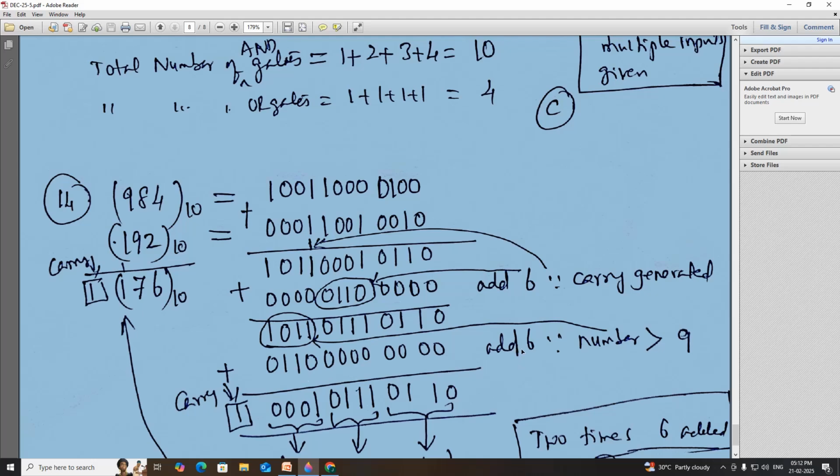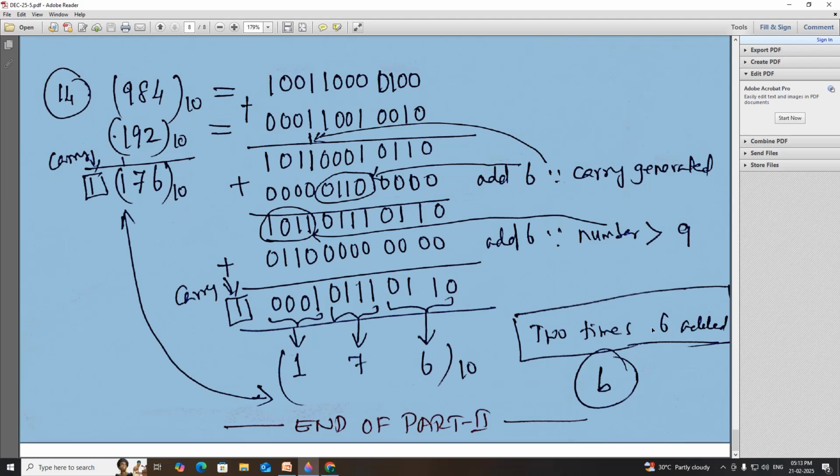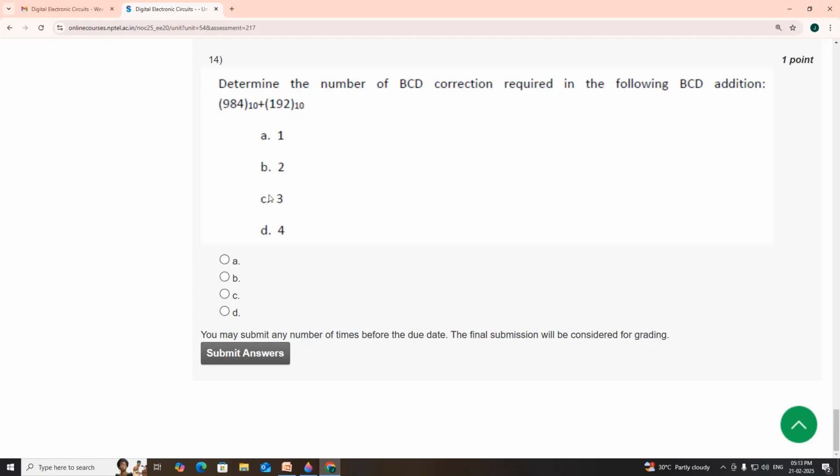Therefore, again add 6 in this position. For the remaining positions, it is BCD 0, BCD 0. If we add this, what we get here is this number is 1, this number is 7, this number is 6, and finally the carry is 1. So therefore 176 is the answer. So 2 times we have to add 6. 2, option B.